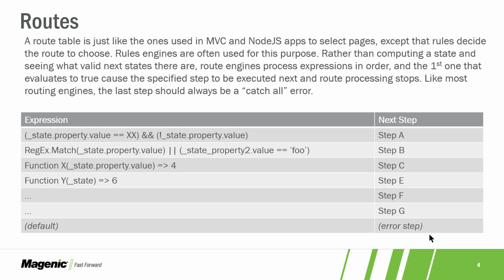And at the bottom of the well, we have, wow, this didn't match any of the expressions. I simply don't know what to do with this. And we're going to do our error compensation process. So in this case, rather than being strictly orthogonal to the processing, the error processing is part of the route table.